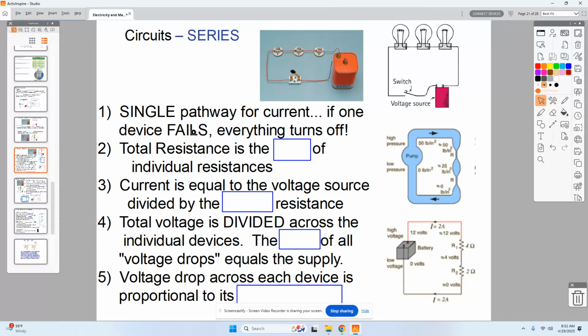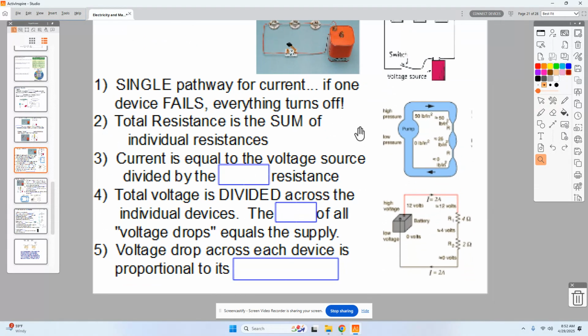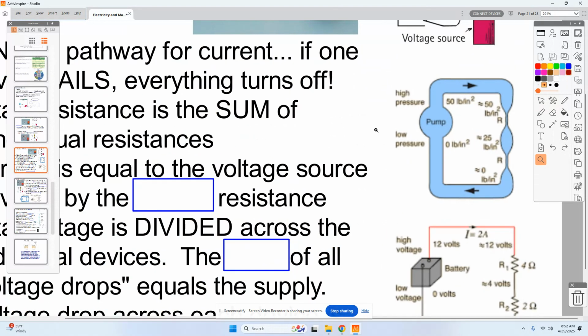Total resistance is the sum of the individual resistances. So if I had multiple resistors connected together, the total resistance would be the sum. And I want to emphasize that that goes right back to this concept, that resistance is proportional to length. The symbol that we use is an alpha sign.